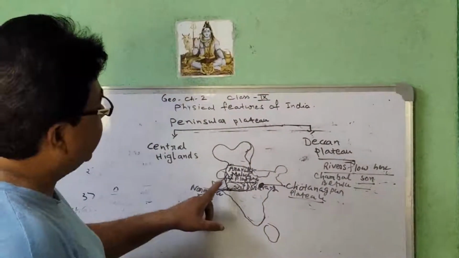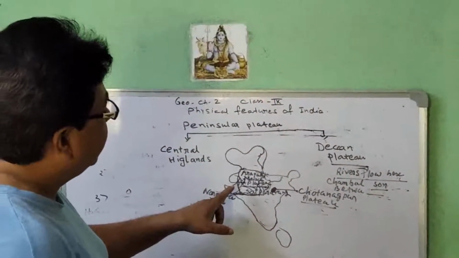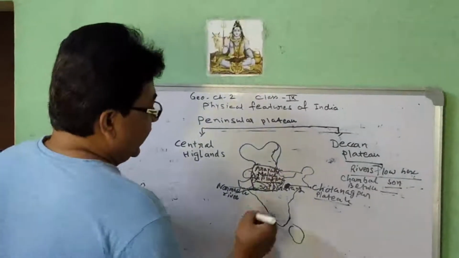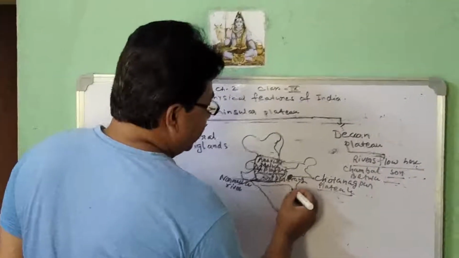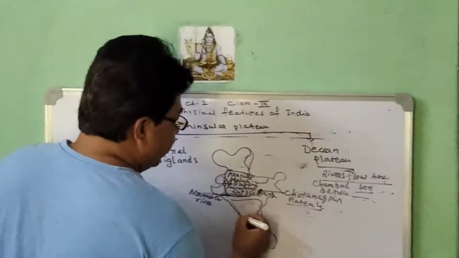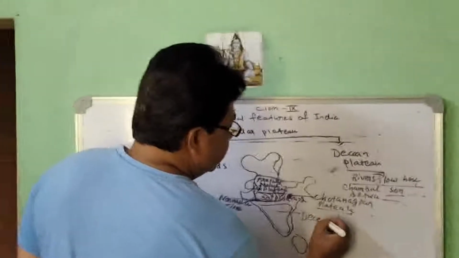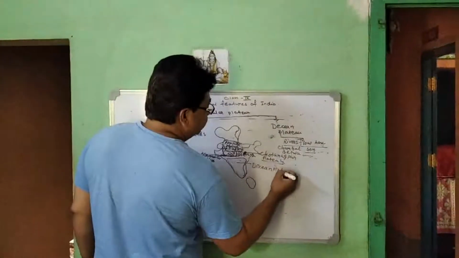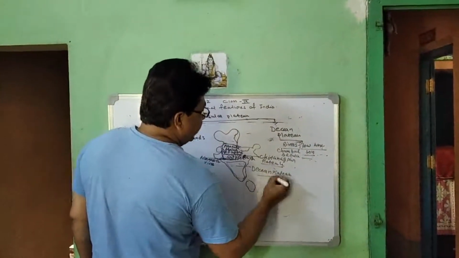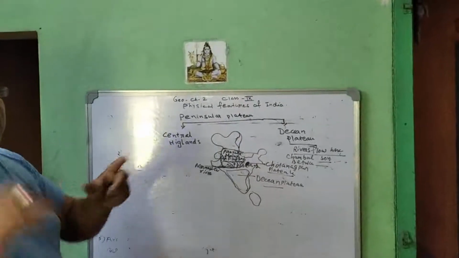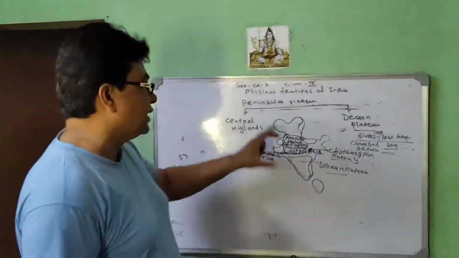So this area is the Central Highland, and another part of the peninsular plateau is the Deccan plateau. This is the southern side of the Indian peninsula. This is known as the Deccan plateau. It is also made of old crystalline rocks. Maximum minerals are obtained from these regions of India.